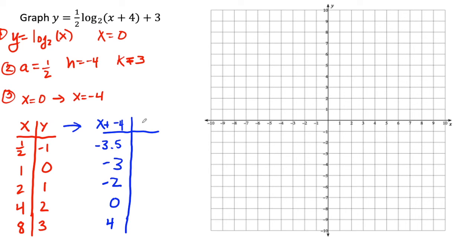And all my y values are going to change by 1/2 times my y values, and then I'm going to add 3 to it. So 1/2 of negative 1 is negative 1/2 plus 3 is positive 2.5. 1/2 of 0 is 0 plus 3 is 3.